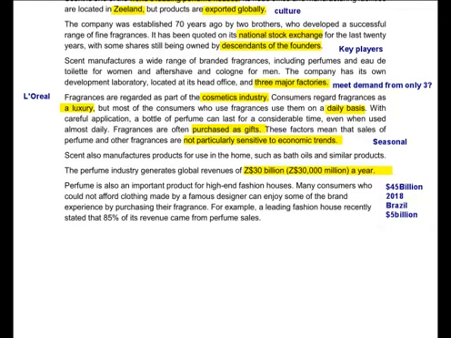So that's just a key bit of information you may want to keep at hand if there's ever a question in the exam about the growth of the industry or the suggested areas in which scent could move into. And the final paragraph here is more about the product and the brand positioning.